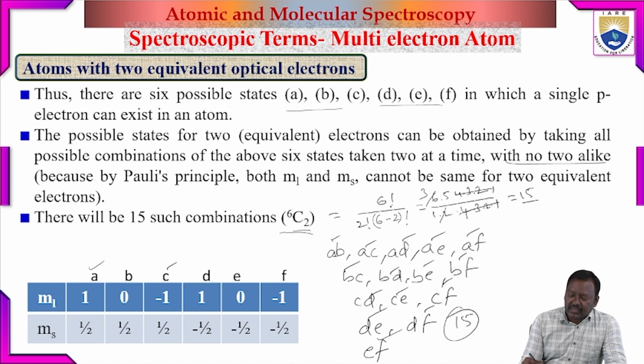Whenever these possible combinations exist in the atom, mutual interaction occurs between orbital angular momentum and spin angular momentum.